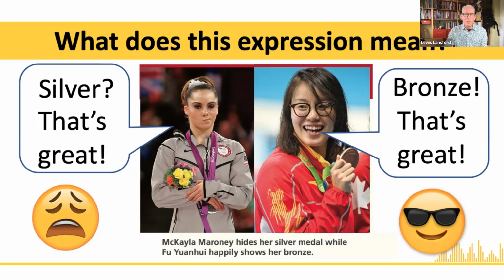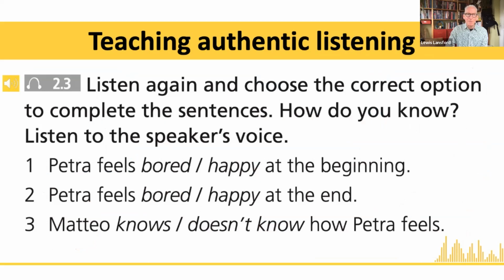So I can give you an example of an exercise that does just that. I've got a conversation here between Petra and Matteo, and they're colleagues or something. I think they may even be teachers. So we need to listen to the conversation and complete the sentences and say how we know.